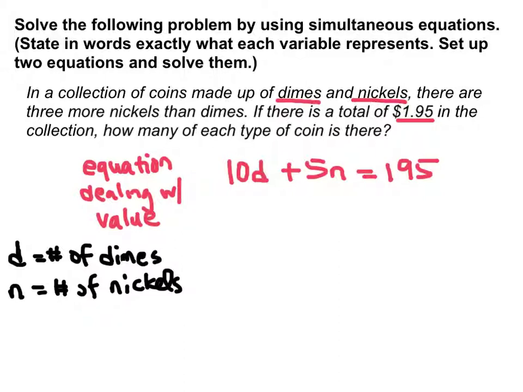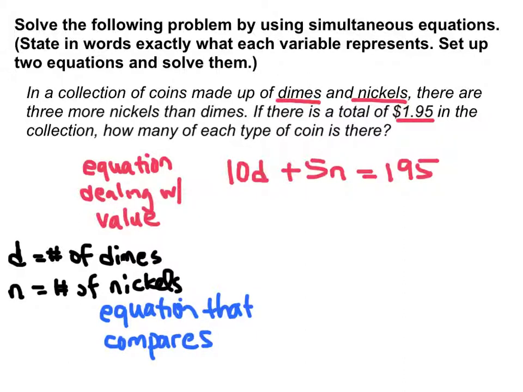Now, the second equation is a little bit trickier. That's going to be the equation that usually deals with the number of coins or the one that compares the coins together. And so when I read this problem a little more carefully, they talk about there being 3 more nickels than dimes.